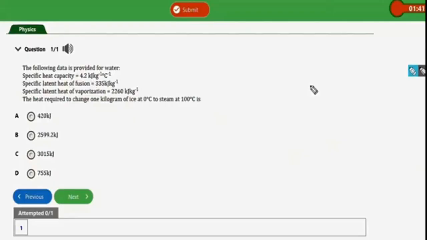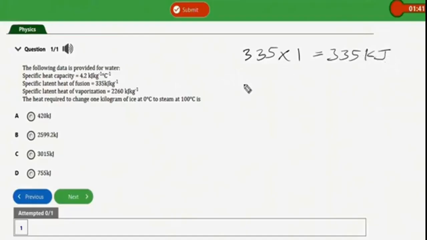To get the heat to melt 1 kilogram of ice at 0 degrees Celsius, we're going to multiply the value for this specific latent heat of fusion, which is 335, by 1. This one is for this 1 kilogram of ice at 0 degrees Celsius. When you multiply this, you still get back to 335. This time around the unit will be kilojoule.